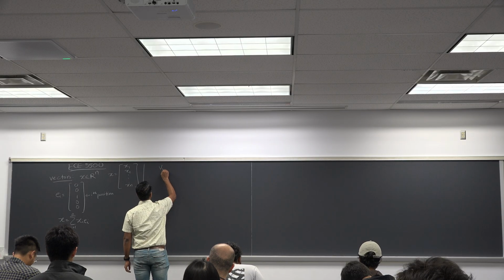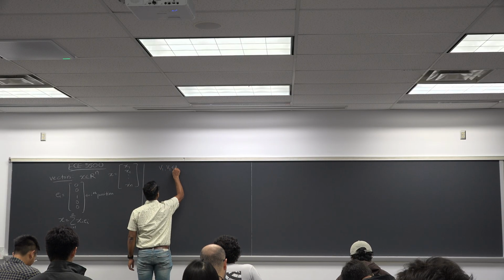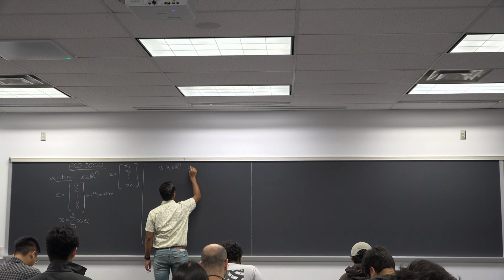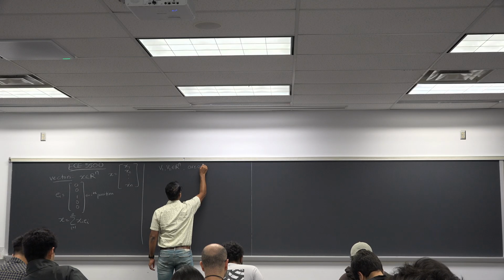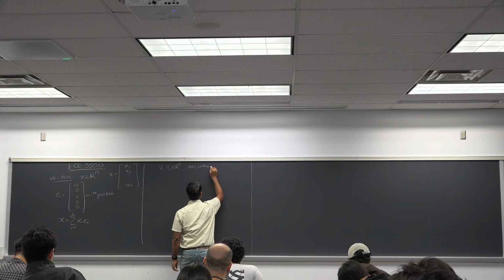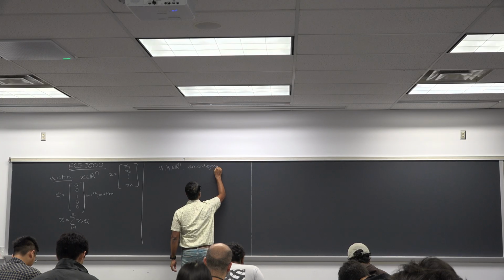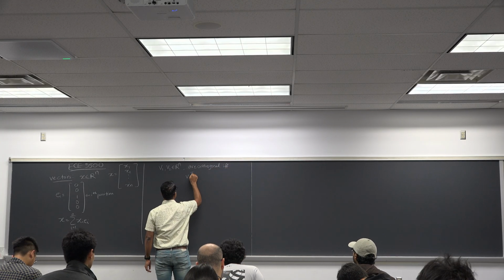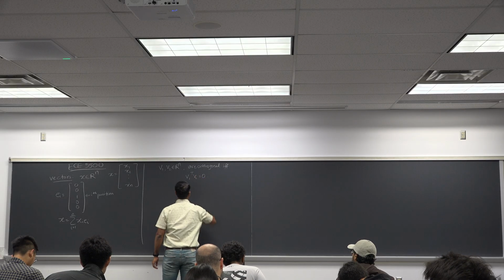Now I have two vectors v1, v2 in Rn. They are called orthogonal if and only if v1 transpose v2 equals 0.